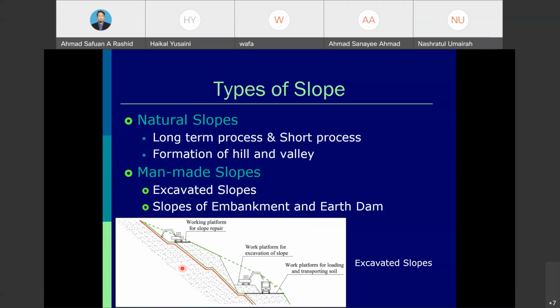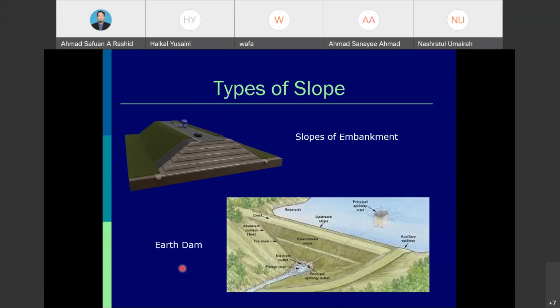So we need to construct an embankment. So this is the slope that needs to be analyzed to check the stability of this slope.